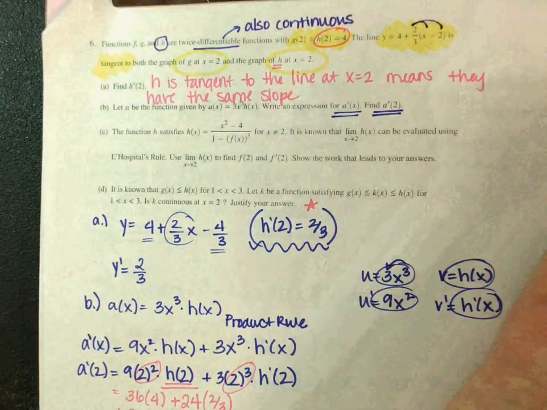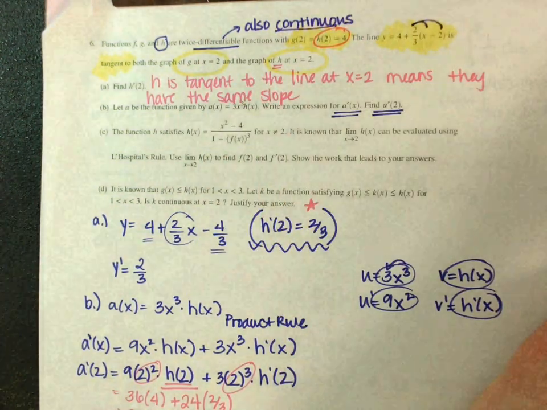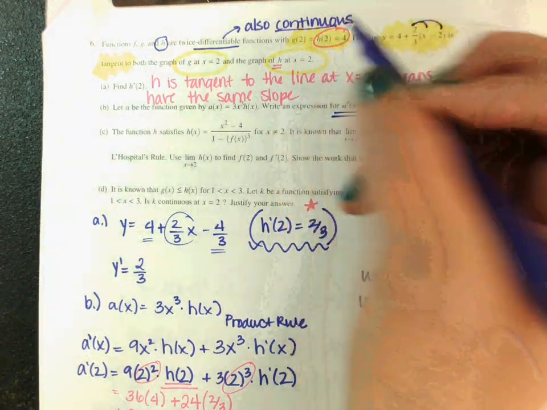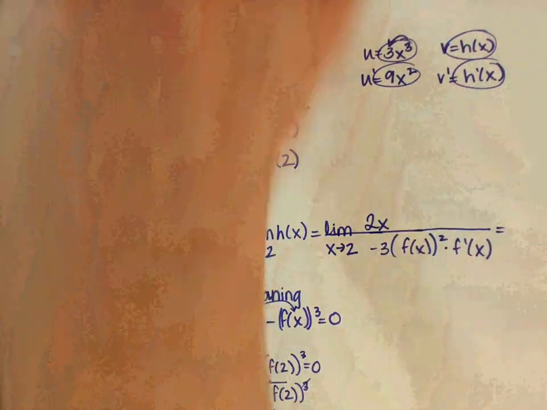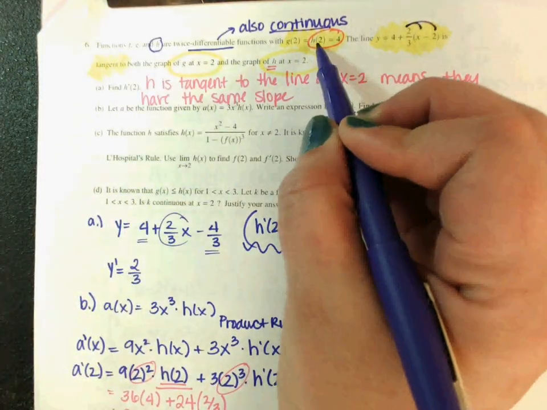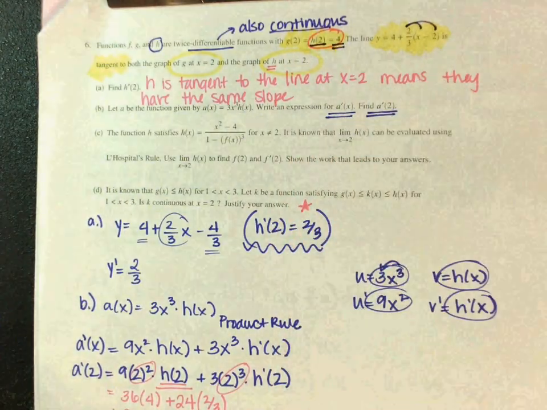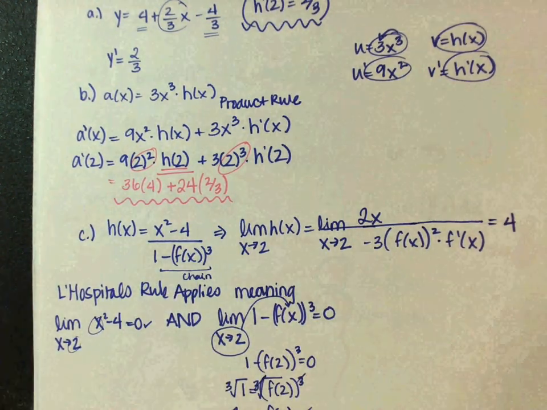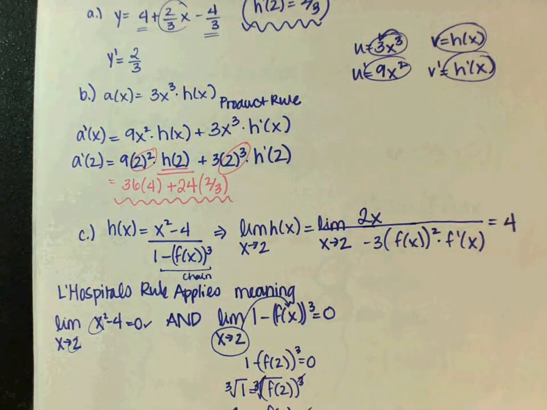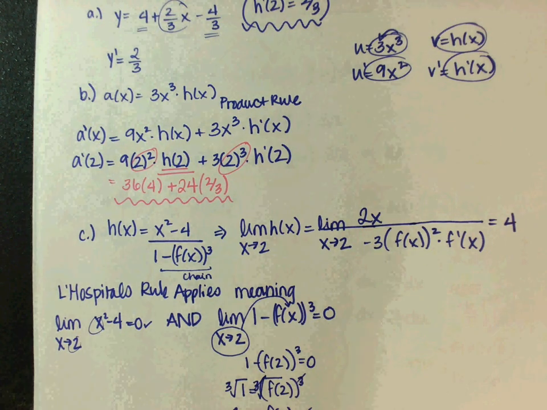And so if my graph is continuous, that means that whatever my y value is, my limit has to also equal that same value. They told me h of 2 is 4. Well, then this limit has to come out to be 4.